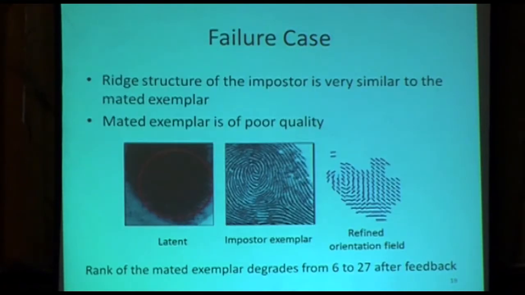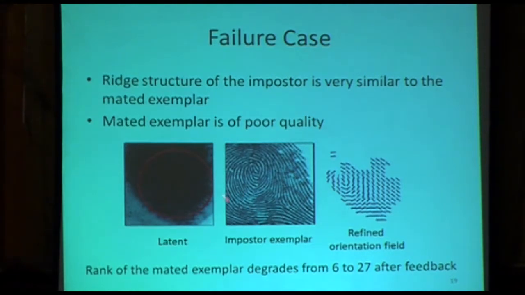However, as you may say, nothing is perfect. So let's look at a failure example and why it fails in some cases. There may be cases where the ridge structure of the imposter is very similar to the mated exemplar. Since we are only working with level 1 features of orientation and frequency, for this particular case the imposter exemplar has very similar structure to the mated exemplar, and the refined orientation field is exceptionally good.